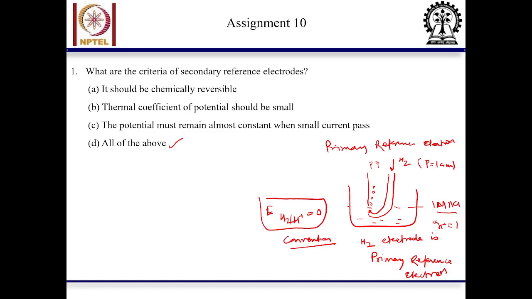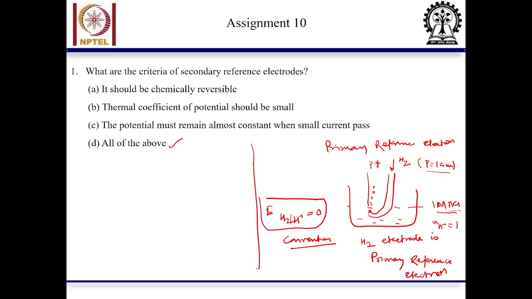But the challenge with the primary reference electrode is that you have to control the pressure at 1 atm and the activity of HCl should be 1, along with the platinum. This is a costly setup, and whenever you require it, you have to make this primary reference electrode.